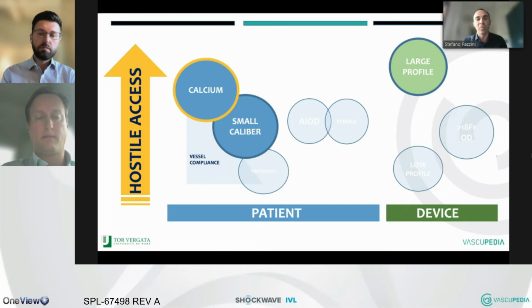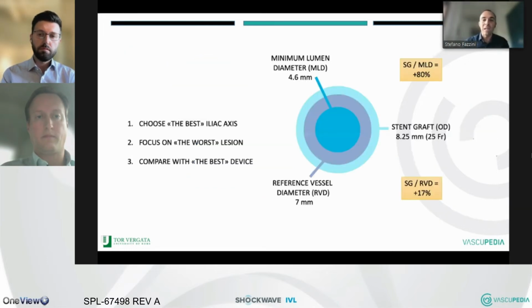So every time we should match these two things, the device and our vessel. A large profile, 25 French. In this case, the profile was 80% larger than the minimum lumen diameter. So, 3 simple steps: choose the best iliac axis, focus on the worst lesion, in this case the mid-external on the left, and compare your lesion with the best device that you could have available.